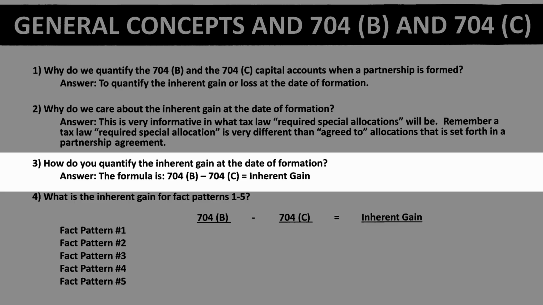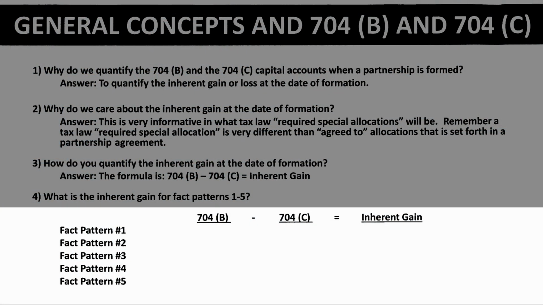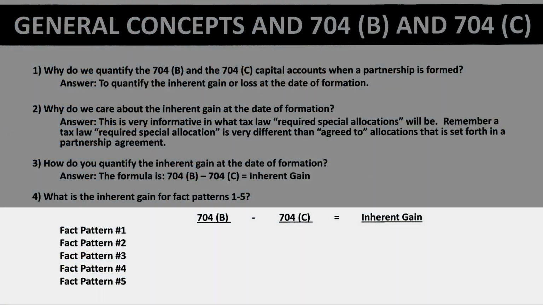Okay, so what was my 704B capital account for 1, 2, 3, 4, and 5? I think it was 10, 10, 20, 20, 20. Does that sound right to everybody? Austin, what was my 704C? 1,000, 10,000, 1,000, 10,000, and 1,000.